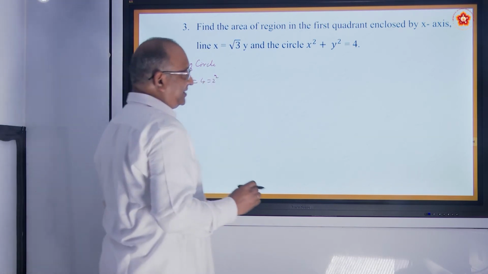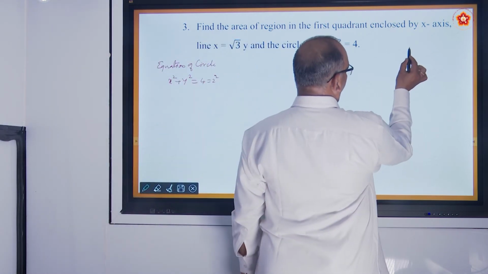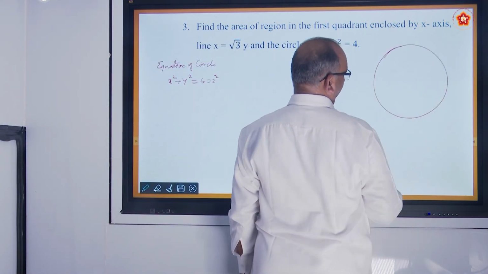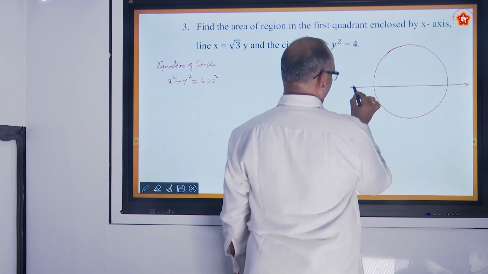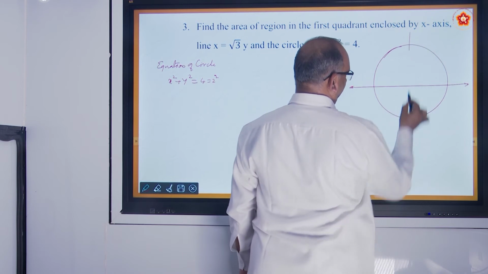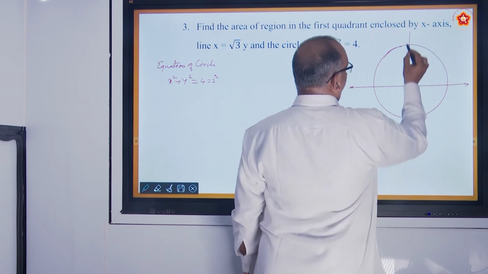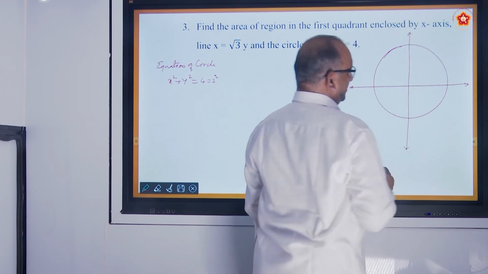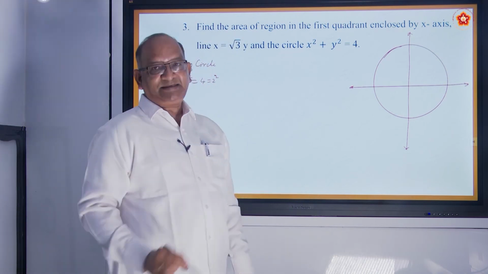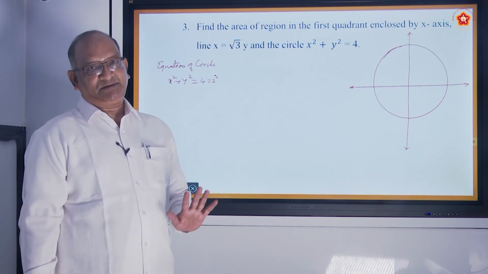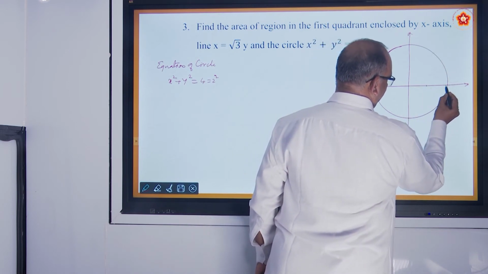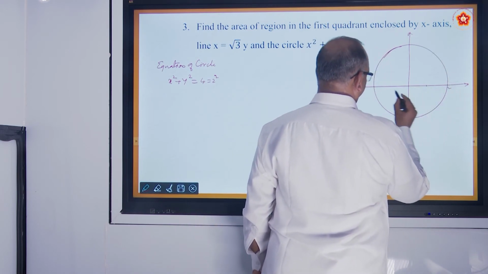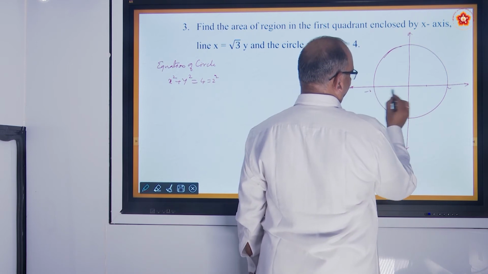So, draw a circle, and remember its radius is how much? 2 units. So, let us say this is 1, this is 2, this is minus 2, etc.